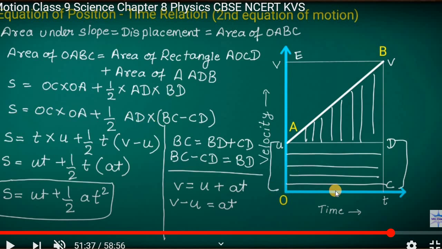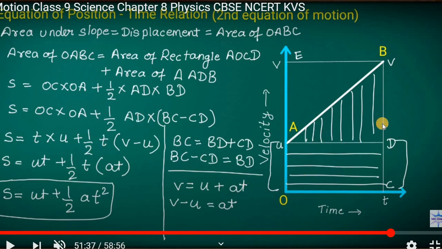Now we keep all these values. Here you can see OC is T, so instead of OC we write T. And OA is the initial velocity, U, so instead of OA we write U. 1 half as it is, AD.